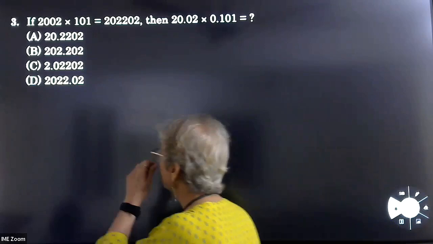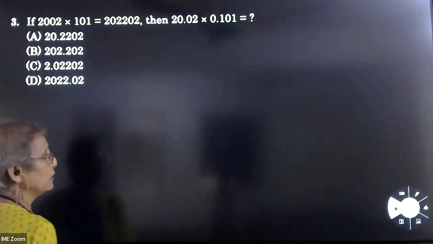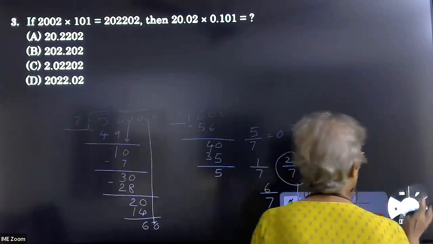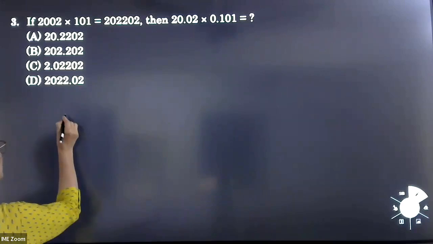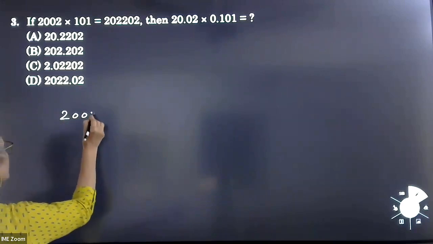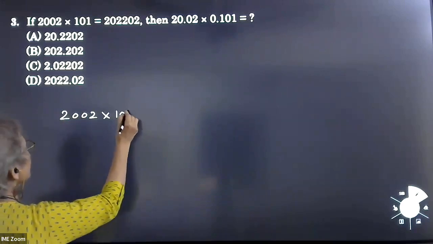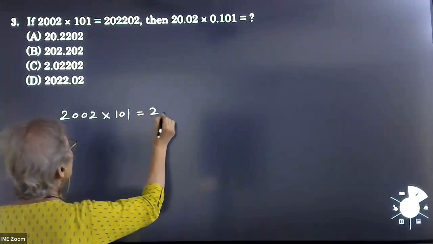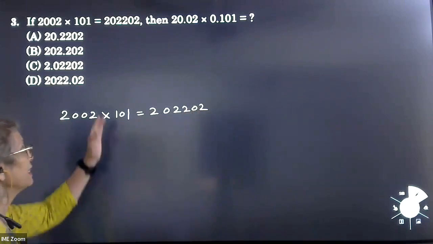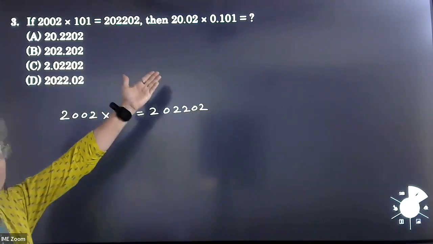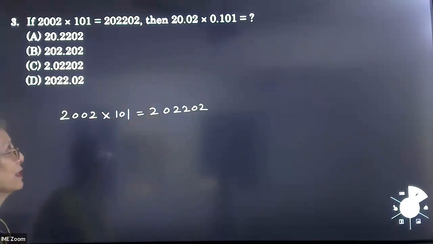Yes. Look here. Now what is given to us? 2002 into 101 equal to 202202. Okay, and now the same numbers are given in decimal fraction form, right?